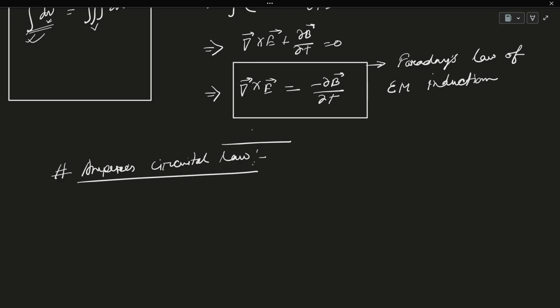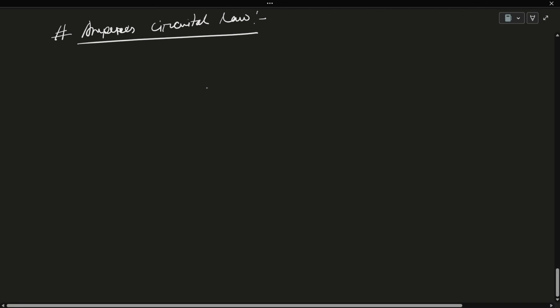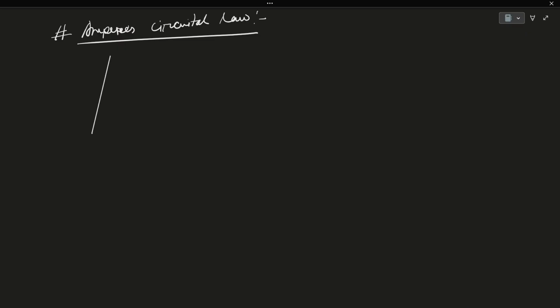What we have learned in higher secondary is that if there is a current carrying conductor, and the amount of current flowing in this conductor is I, then using the right hand thumb rule, the magnetic field around this current carrying conductor will look like this.